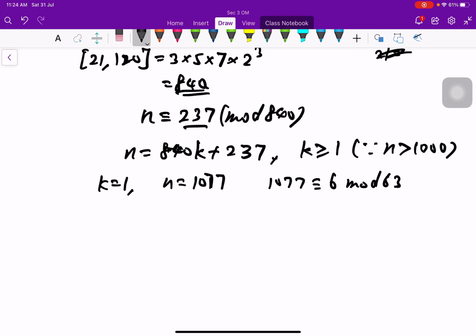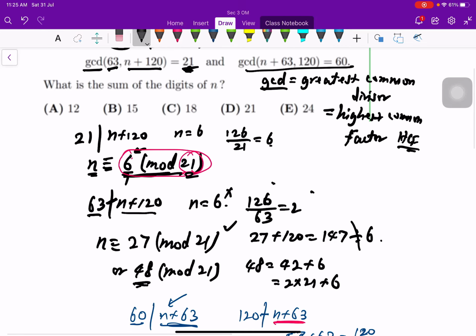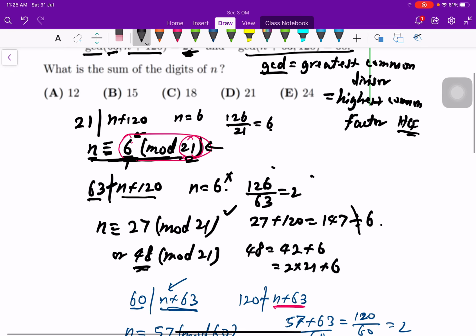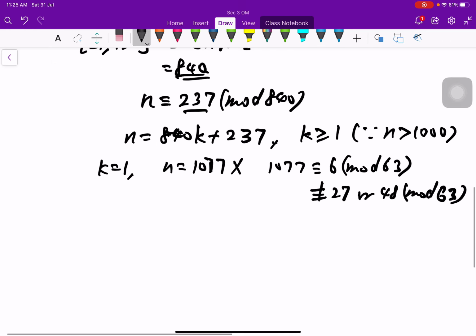But it doesn't give you 27 modulo 63. Therefore, in this case, we will not take this answer, because n cannot be 6 modulo 21. We should be looking at 27 modulo 63. Therefore, this is not possible, right?